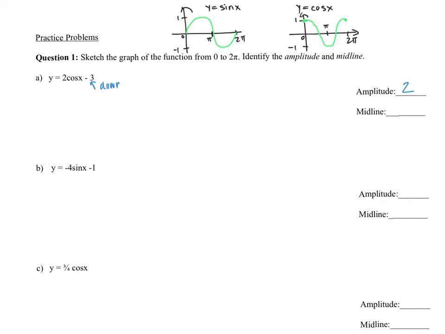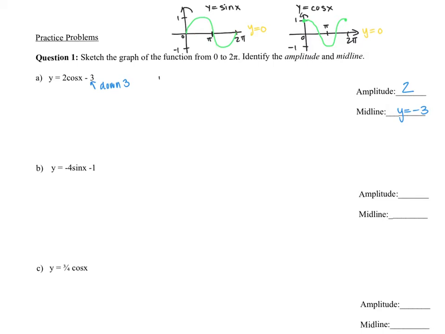So this is down 3. So remember, our midline usually is at y equals 0. So if this is being shifted down 3, that means our midline is at -3. So y equals -3. And that helps me a lot because I'm going to use that midline as my middle ground and draw on top of it.